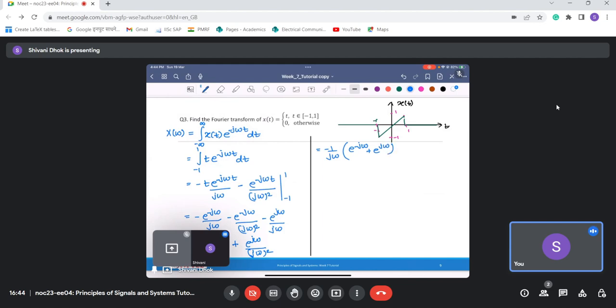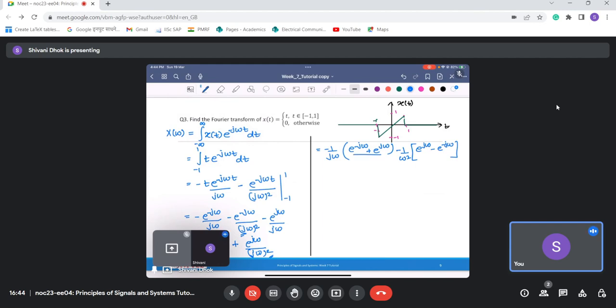Now again I can take these terms here, this one and this one. So I can take out 1 upon ω² as common, so let us take out -1 upon ω² common, and inside the bracket what we have is e^(jω) minus e^(-jω).